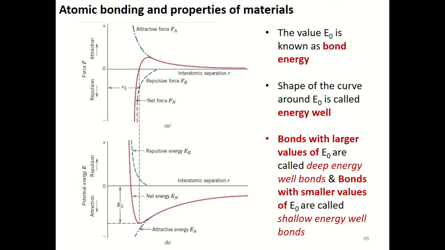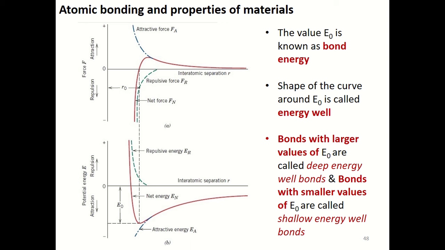These forces are of two types: attractive and repulsive. That is what is marked here. If you look at the diagram, Fa and Fr are the attractive force and the repulsive force. You can see that their magnitude varies with the interatomic separation.